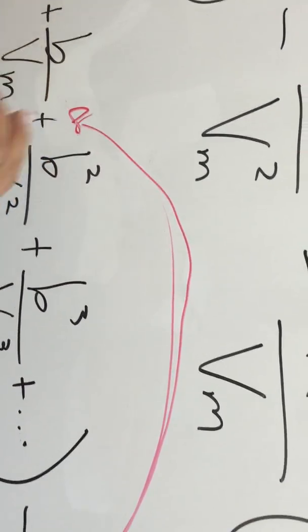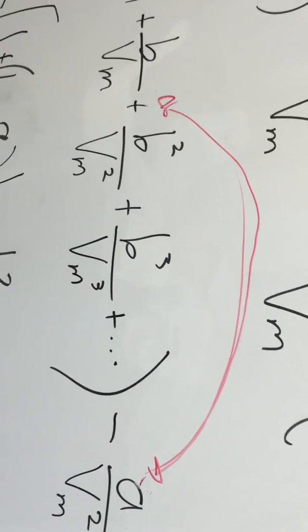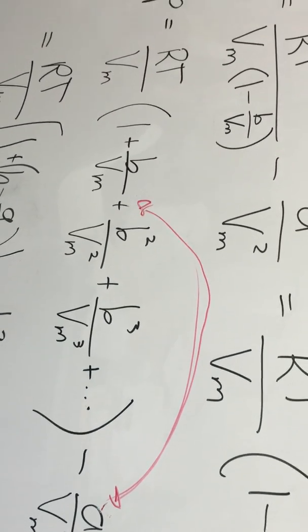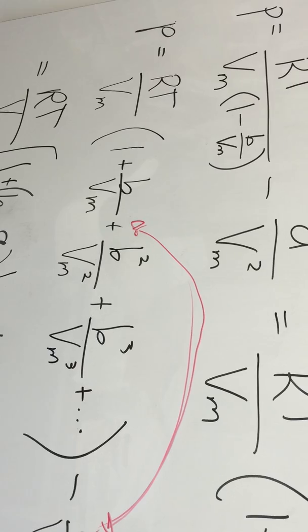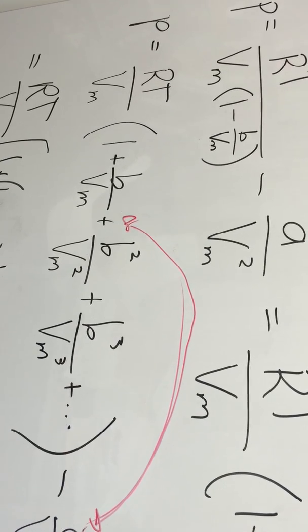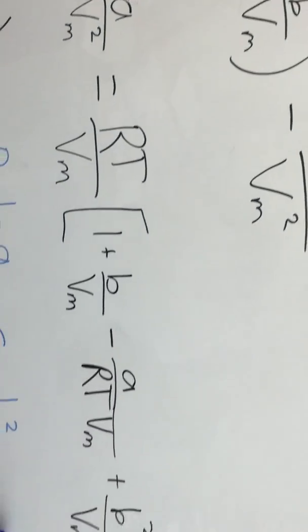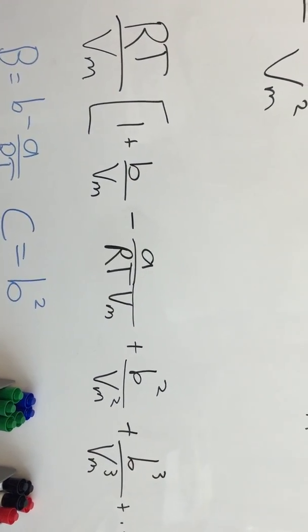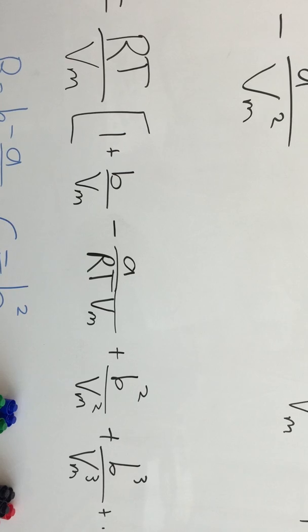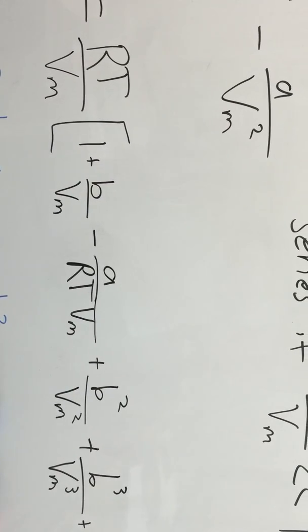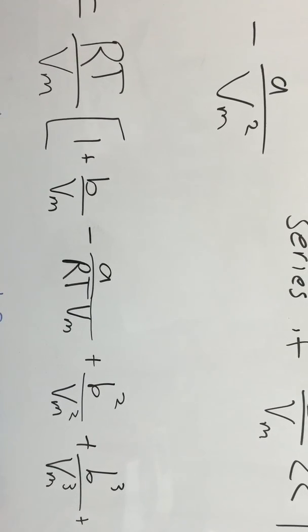But now we want to go ahead and bring this inside the parentheses. In order to do that, we need to realize that everything in the parentheses is being multiplied by RT over V molar. When we bring that inside, we have to do so as shown here. Right?